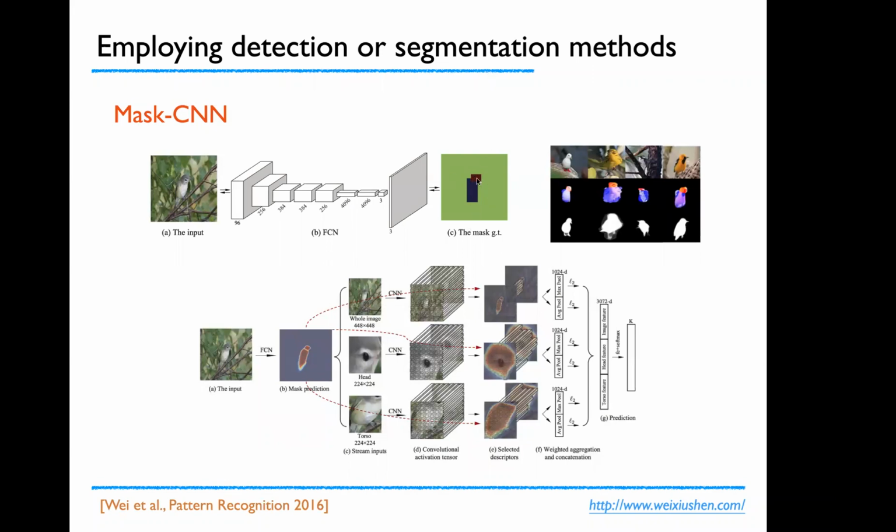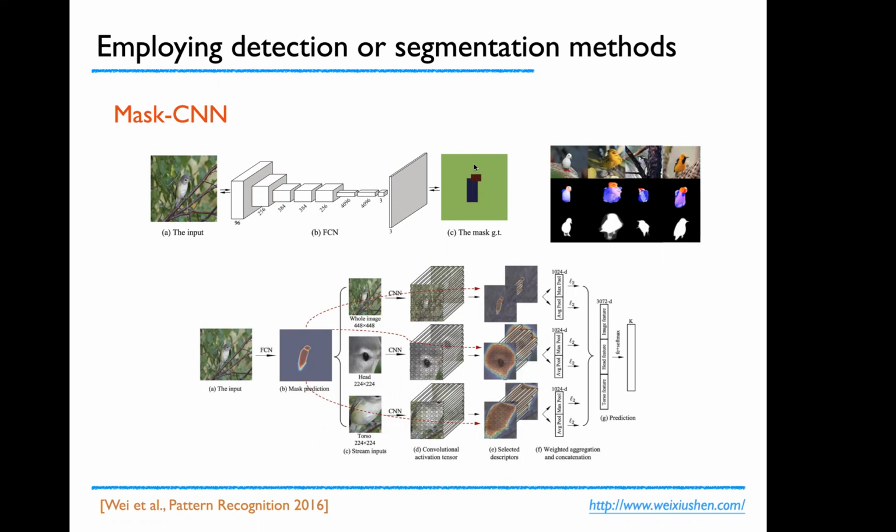We feed this object and part level ground truth mask, because we just have the key point supervision, so we can generate a bounding box like supervision based on these key points, and we feed this as the ground truth of segmentation models.